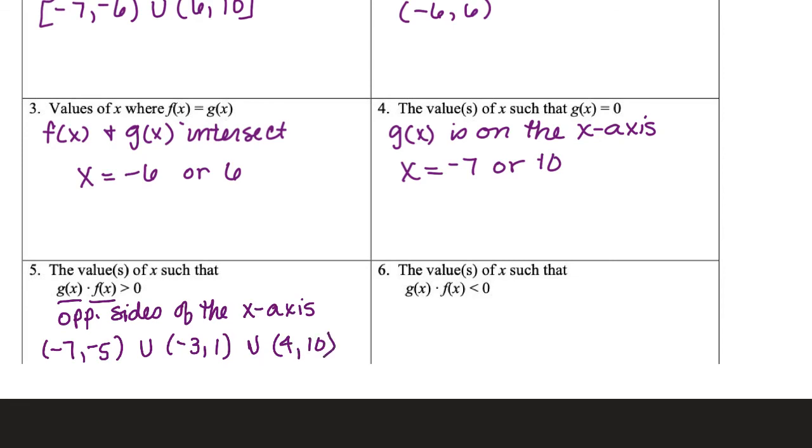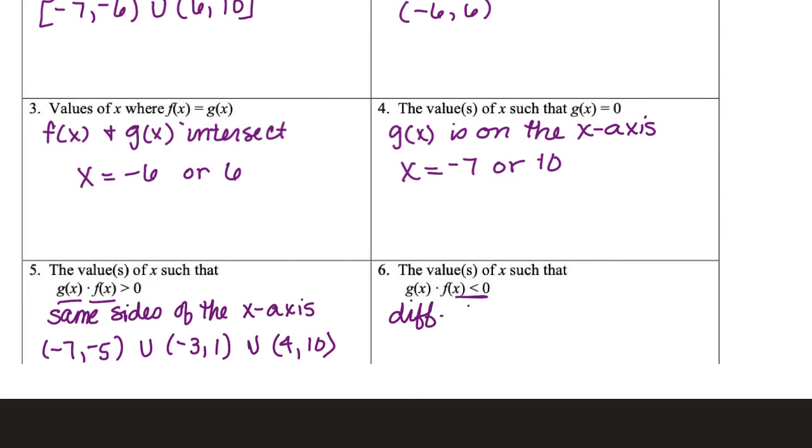And then where their product, oh, that's positive, not opposite, same. Y'all go back and fix that. I read it to say less than 0. It's on the same sides of the x-axis. Here's going to be different sides because the product is less than 0.